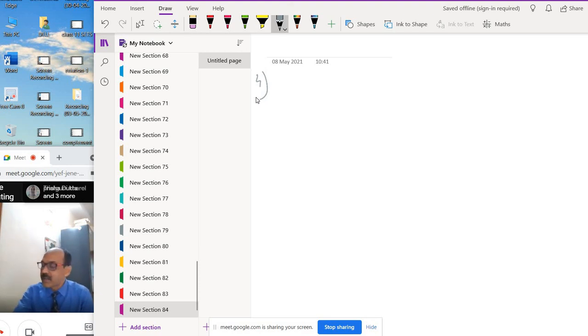See, X is 5. 5 minus 2 is 3. That means Y equal to X minus 2. This is the condition maintained here. So number 1, set builder form.